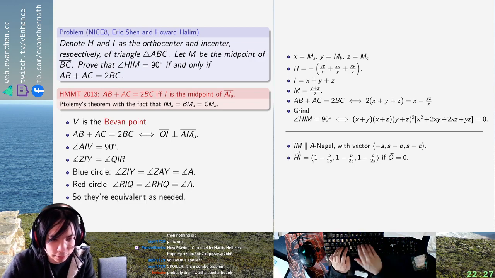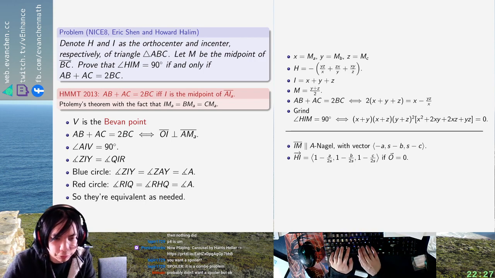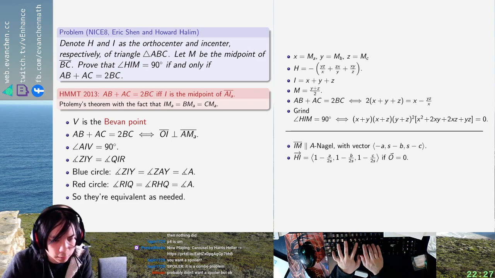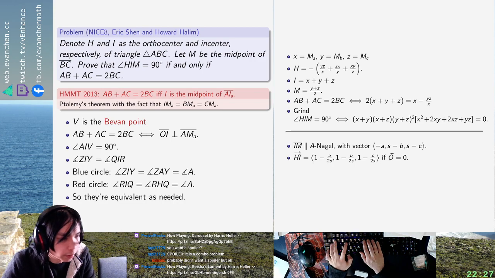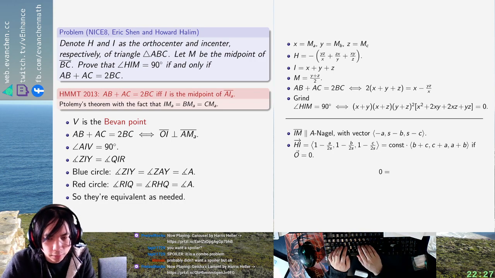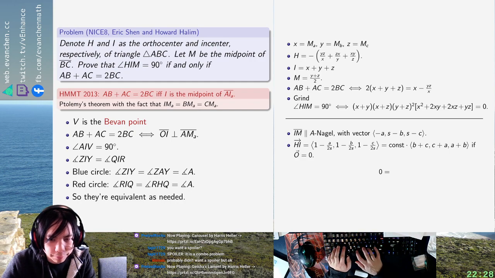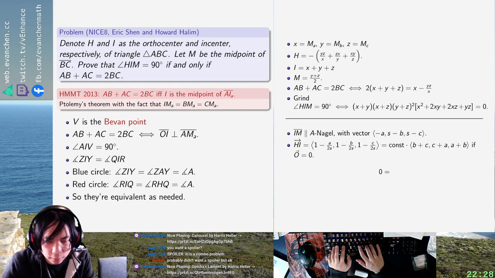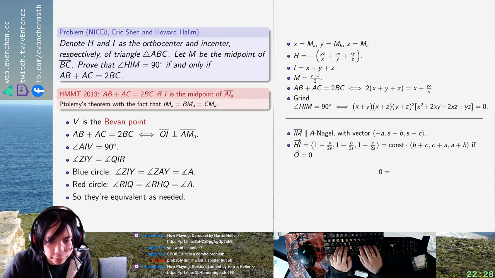So 2S is... Okay, this is actually just... Up to a constant, it's equal to B plus C, C plus A, A plus B. So S minus C... The strong perpendicularity criteria says I want C plus A, A plus B, S minus C plus B squared times the cross thing, A squared, S minus B plus C.